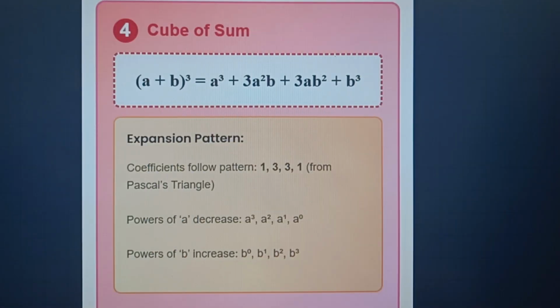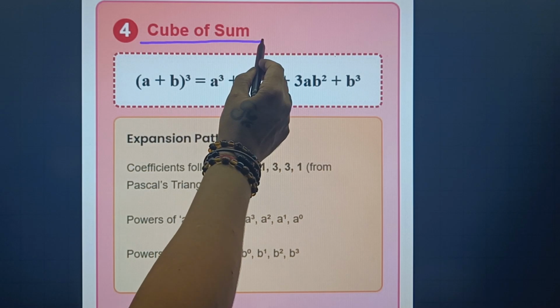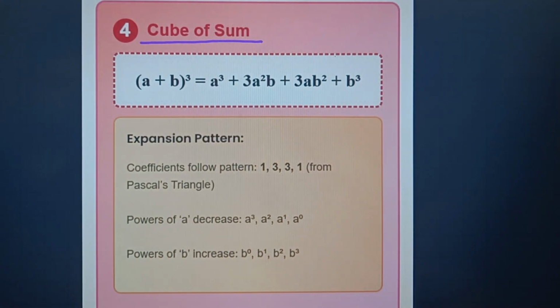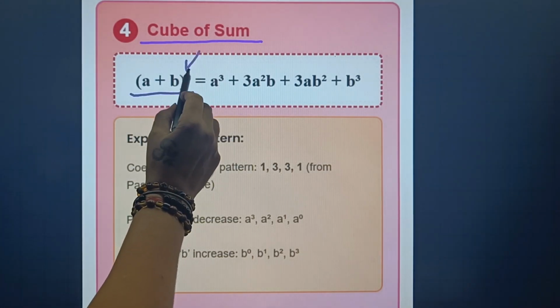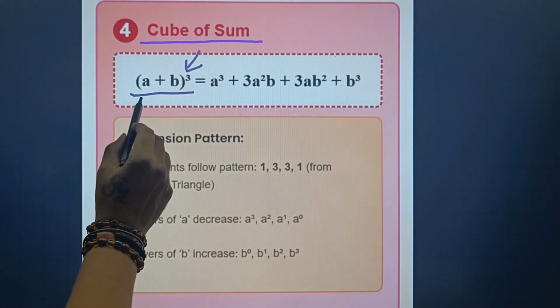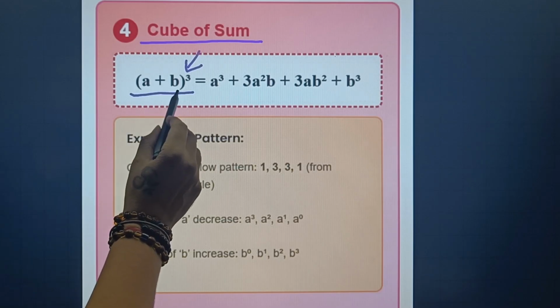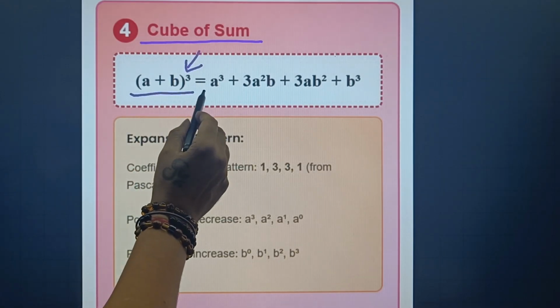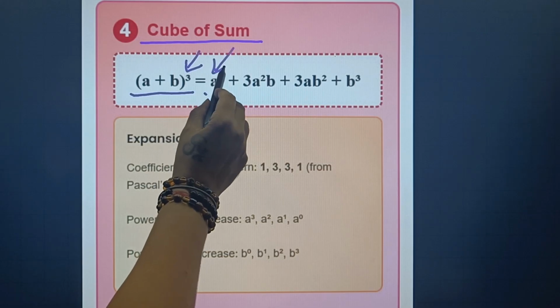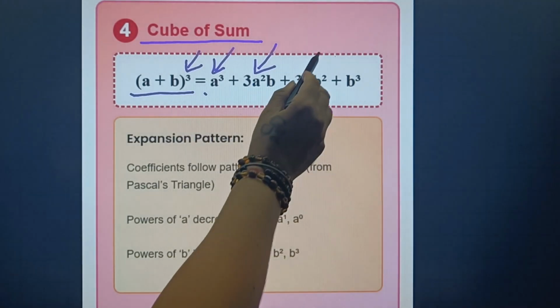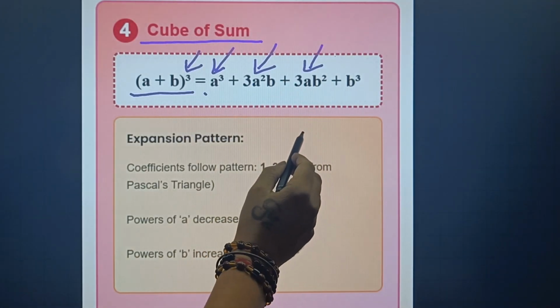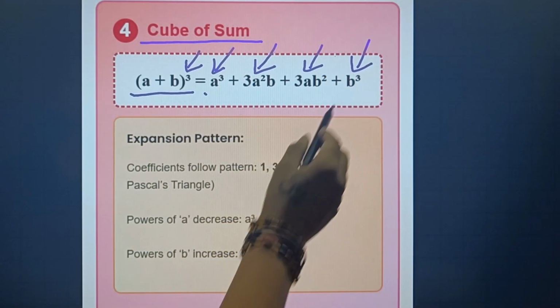So students, here we have our next algebraic identity, which is cube of sum. That means a plus b whole raised to the power 3, or we can say a plus b whole cube equals a cube plus 3a square b plus 3ab square plus b cube.